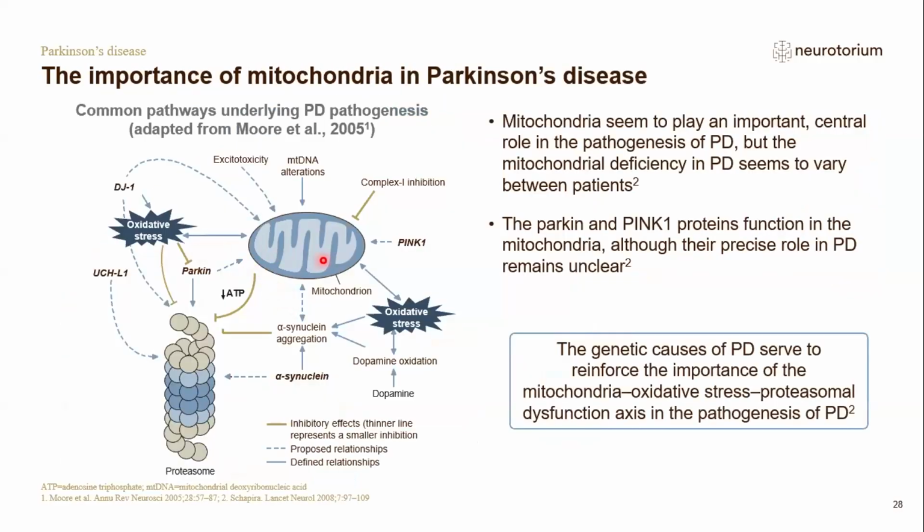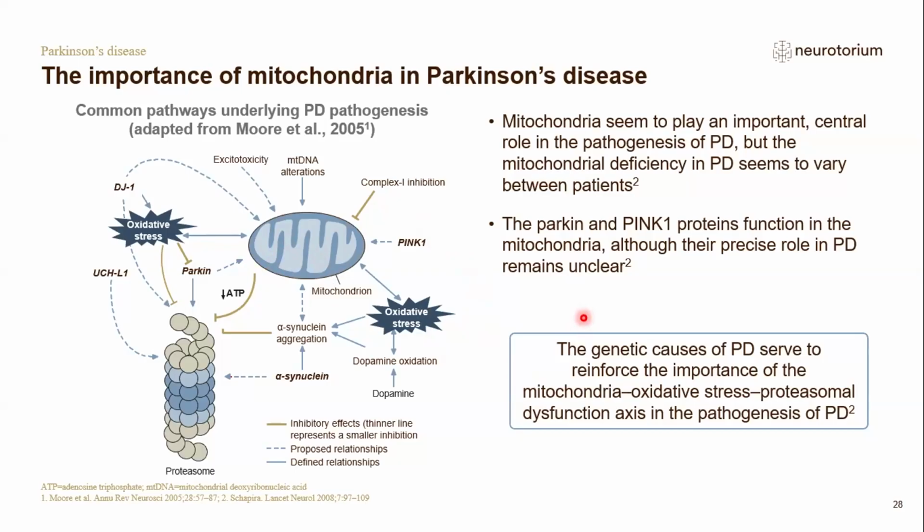Again, this is just to emphasize that mitochondria plays an important central role in the pathogenesis, but it varies. The mitochondrial deficiency varies among patients, and the PARKIN and PINK1 proteins do function in the mitochondria, but we do not know exactly what they do in the pathogenesis of Parkinson's disease, okay?